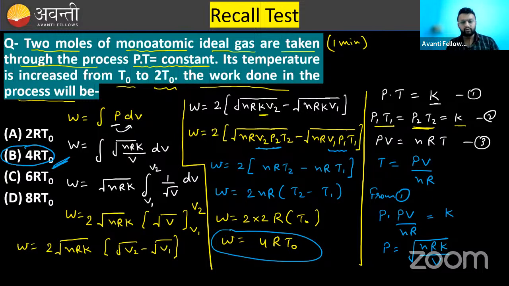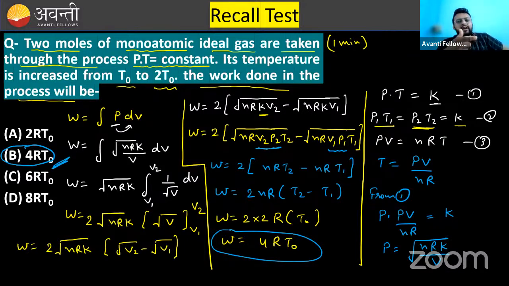You could have done that question. In any step, if you feel stuck, the basic agenda of the question is this: whenever you need to calculate work done, you will start with PdV, if no other function or heat is given and the first law of thermodynamics cannot be applied. Then if pressure is constant, take the P outside of the integration.